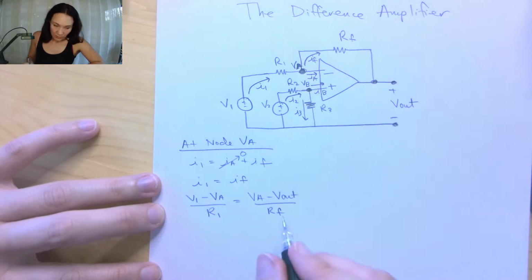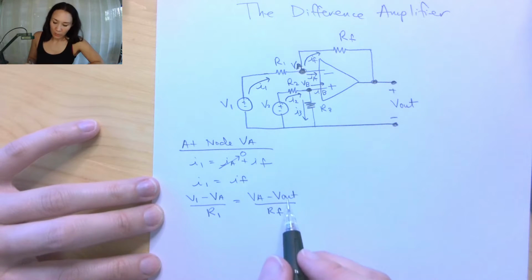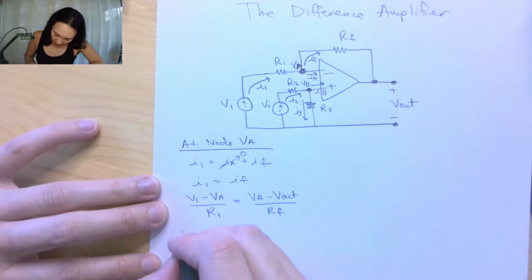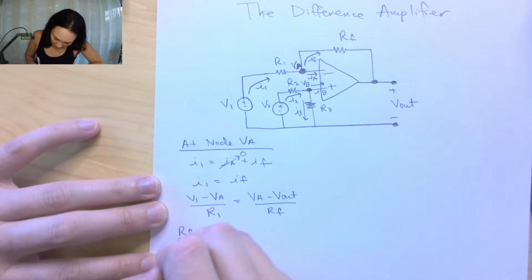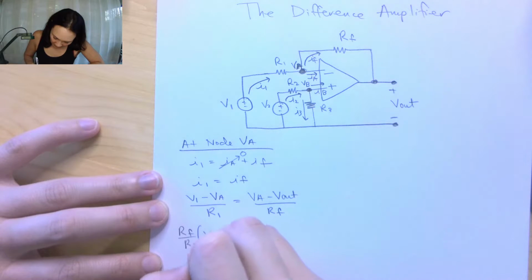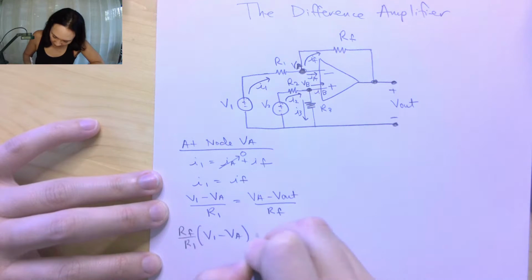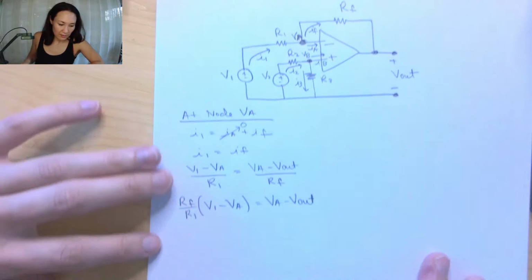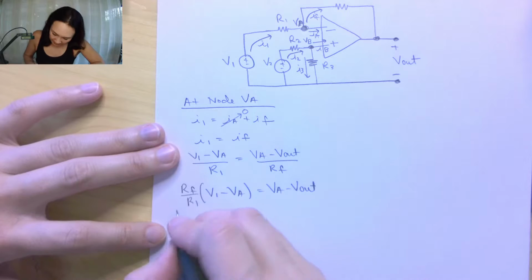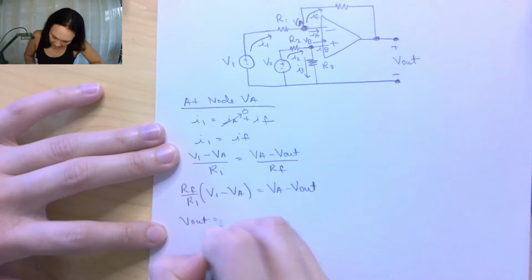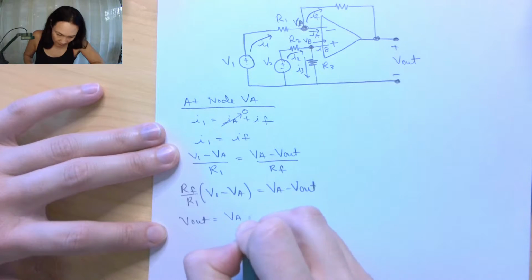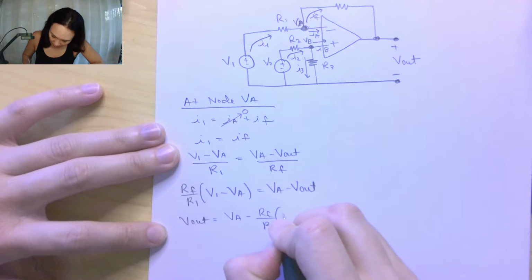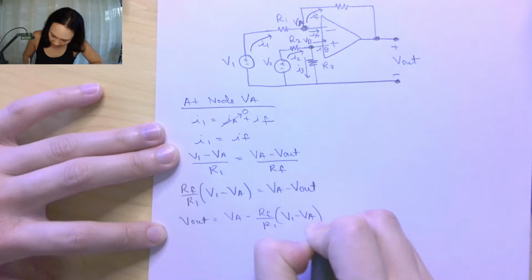Okay, great. So now what I want to do is take this equation and solve for V out in terms of V in. So let me bring this RF to the other side. This is RF over R1 times V1 minus VA is equal to VA minus V out. And I'm trying to get V out by itself. So this means that V out is equal to VA minus RF over R1 times the quantity V1 minus VA.